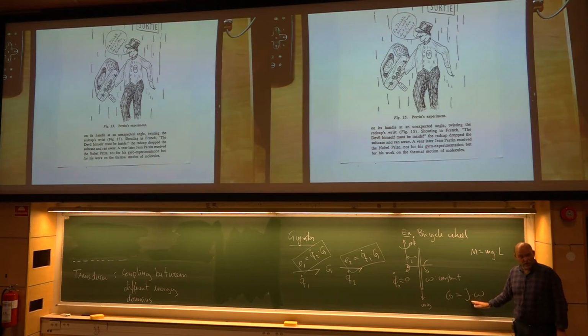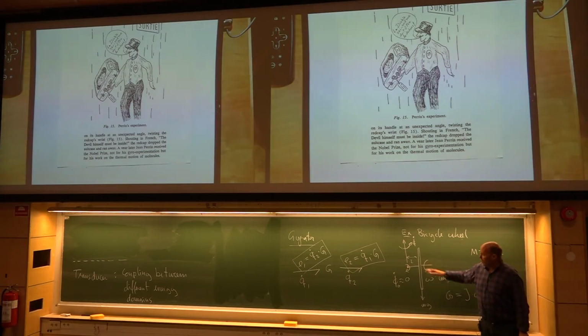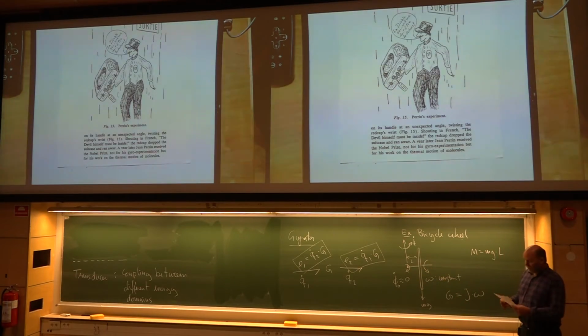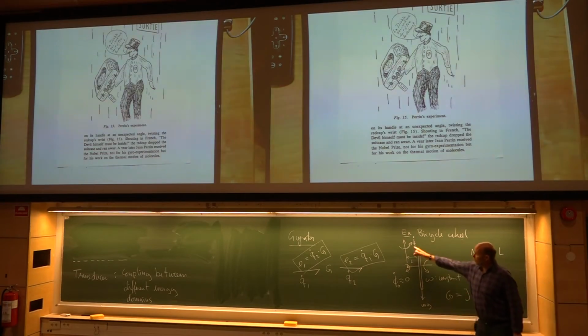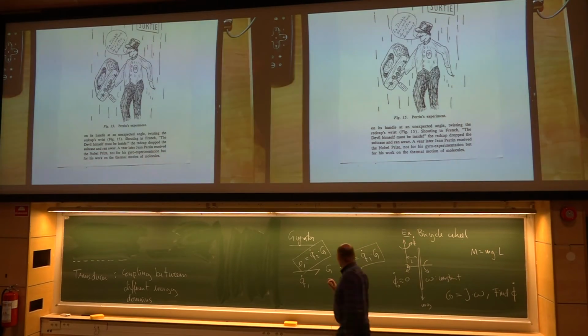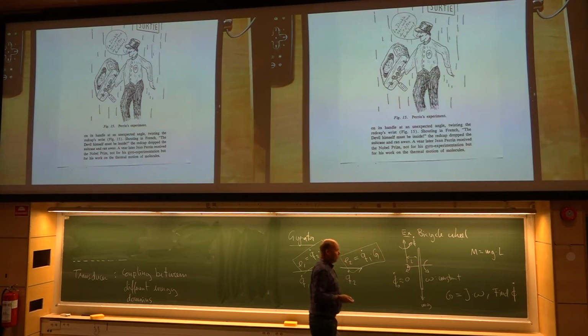So it's actually the spin of the bicycle wheel. So that is the value for the modulus of the gyrator G. The question now would be, find this rotational speed phi dot. How fast will it start to rotate in this direction when you let it go?